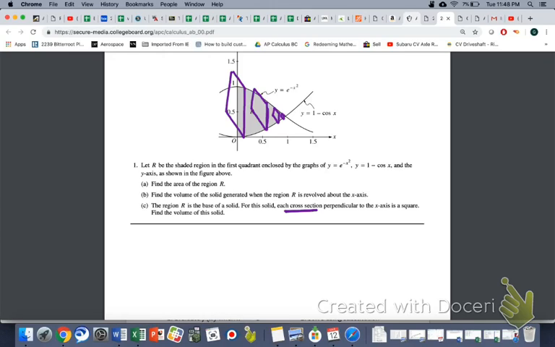So the way we'd set this up is volume equals integral, and then we'd want to set up our dy or dx. Since the cross-sections are perpendicular to the x-axis, they would be dx thick, and perhaps limits of integration would be a good place to go next. We're going to be accumulating across from left to right, so from the far left edge to the far right edge, that direction right there.